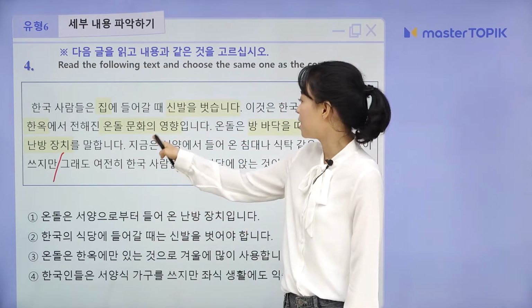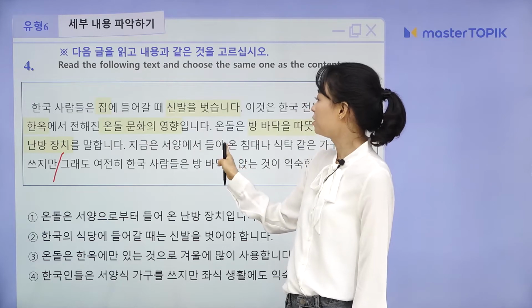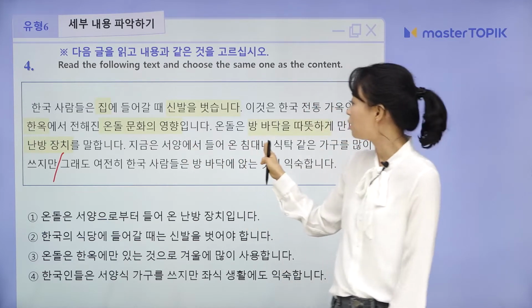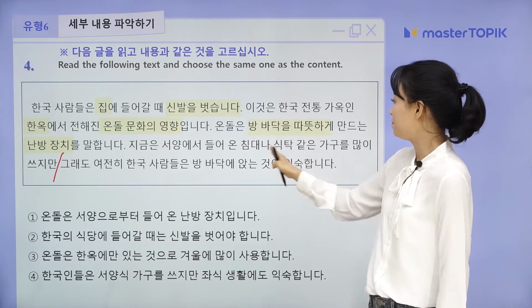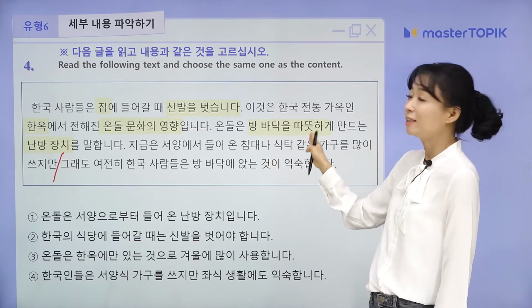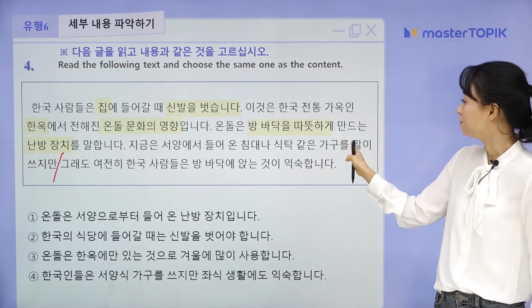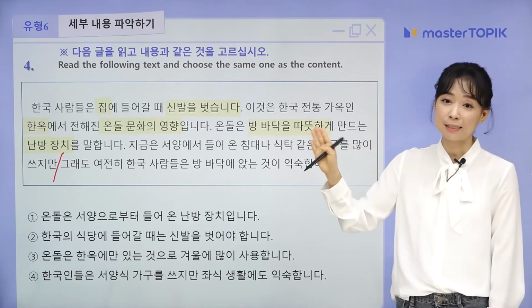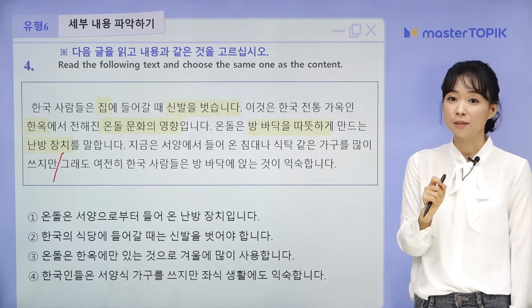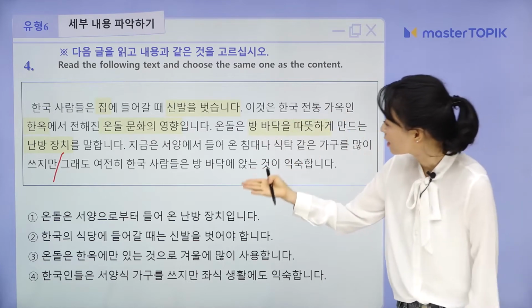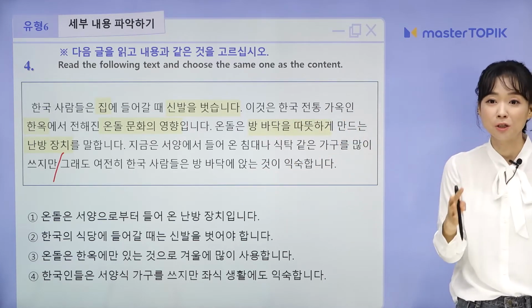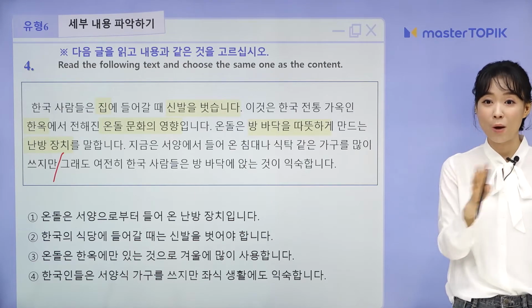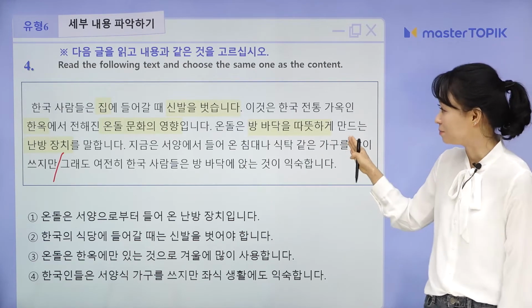So 지금은, nowadays. 서양에서 들어온, 서양, the West, 들어온, come from the West. 침대나 식탁, bed, table, 같은, such as, 가구, furniture, 많이 쓰지만, use a lot. So nowadays they use furniture from the West a lot, such as bed and table.